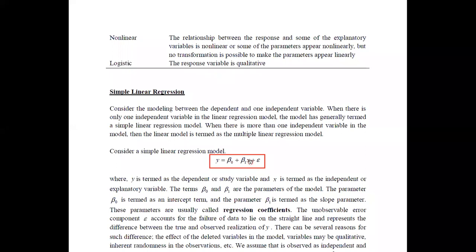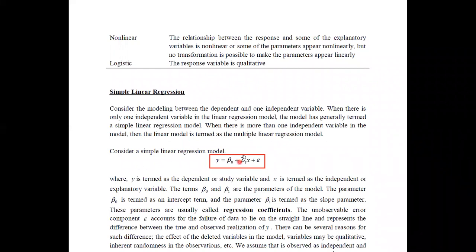Here we are going to study this set of data. There are three other terms: beta naught, beta 1 and epsilon. Beta naught and beta 1 are the parameters of the model. Beta naught is the intercept of this model, and beta 1 is the slope parameter of the model.